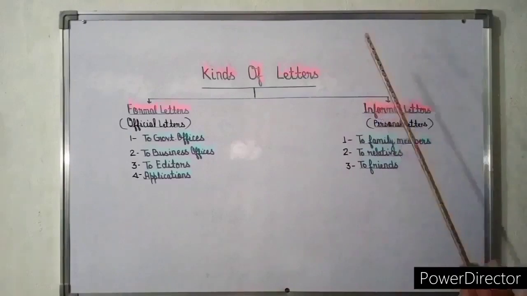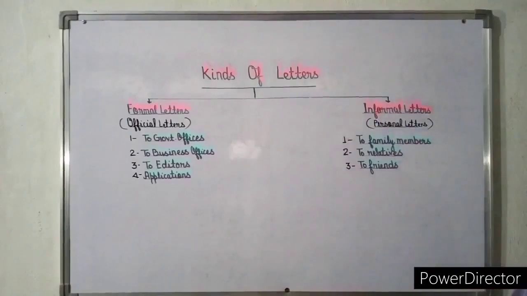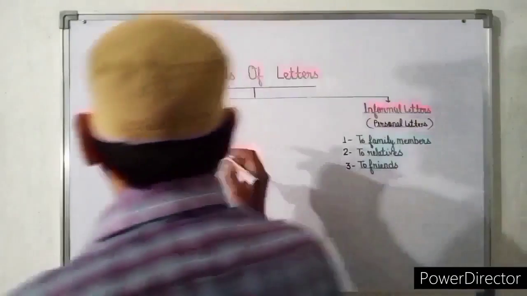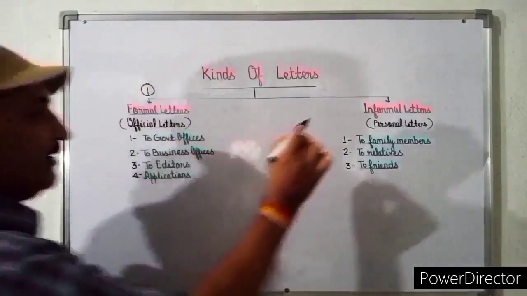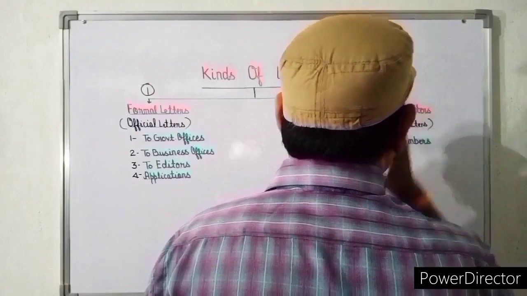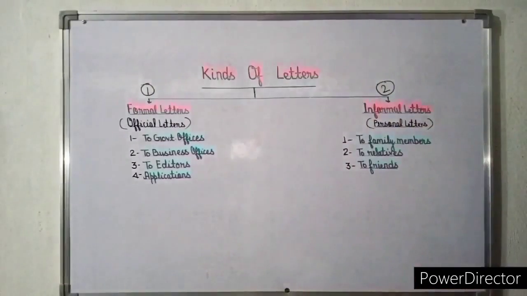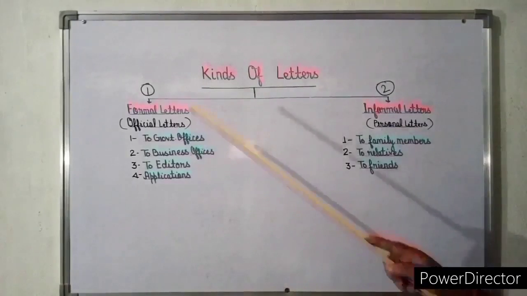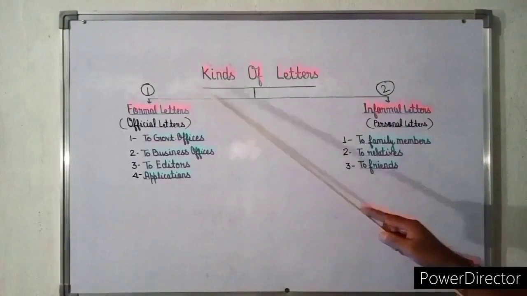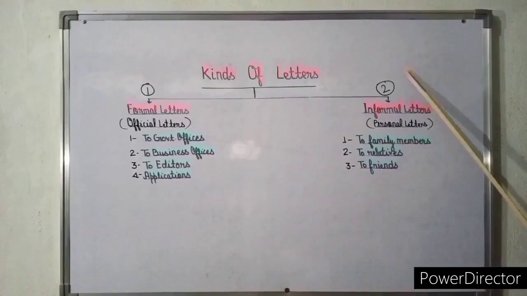Kinds of letters. We have read that there are only two kinds of letters, mainly formal letters and second informal letters. First one is formal letter, second one is informal letters.